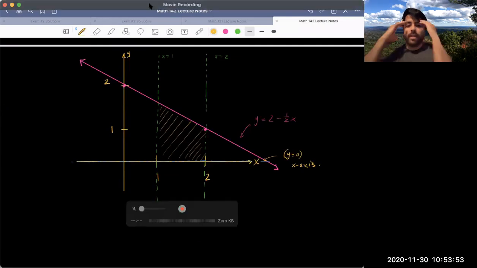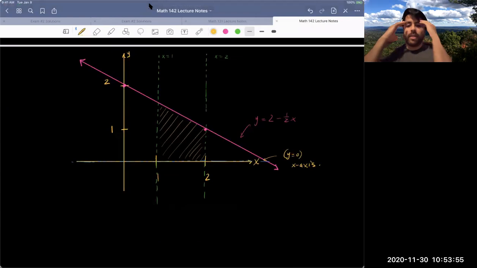Now, for those of you who have a very good spatial concept of what that would look like, what would happen if this two-dimensional region is revolved around the axis?